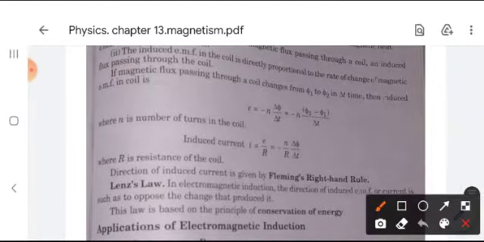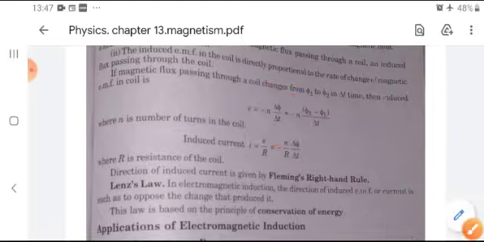So if EMF is denoted by small letter e, delta phi upon delta t is the change in flux, and n is the number of turns in the coil.